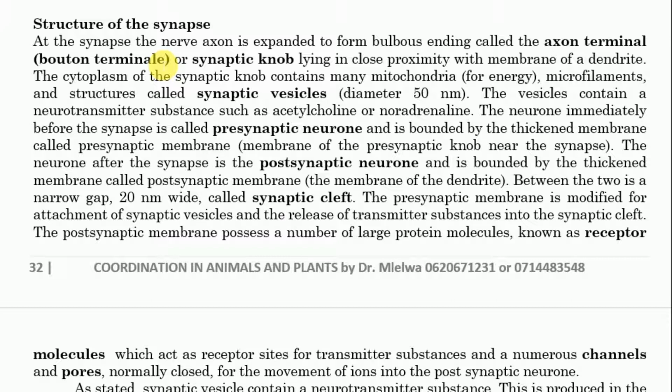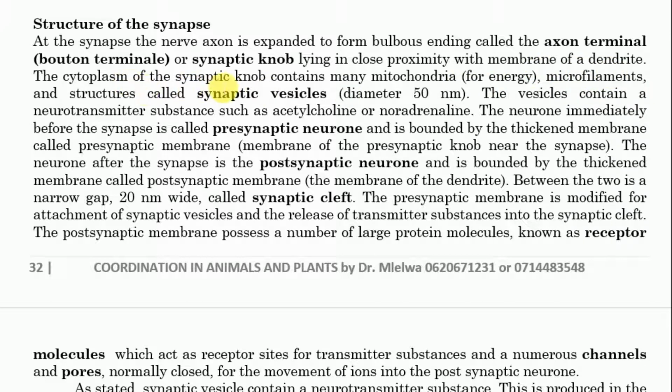At the end, the axon divides into different fibers, and then at the end of the fibers they expand and become bigger. Those expansions are called axon terminals or bouton terminals, or another name, synaptic knobs. So they lie in close proximity with the membrane of the dendrite.